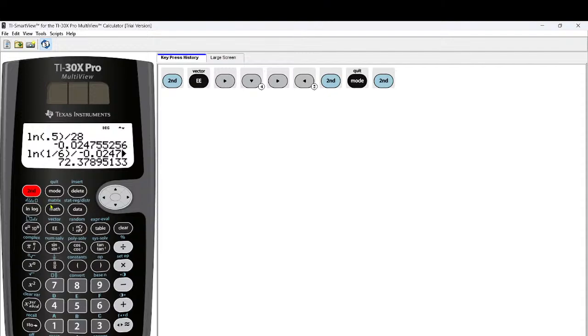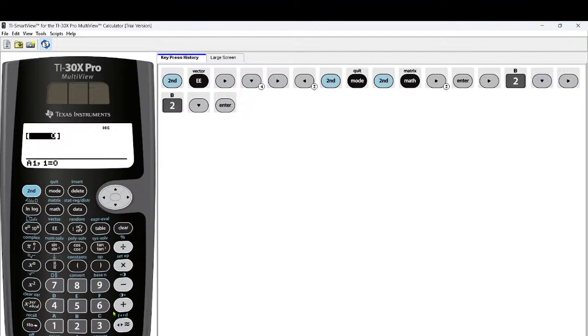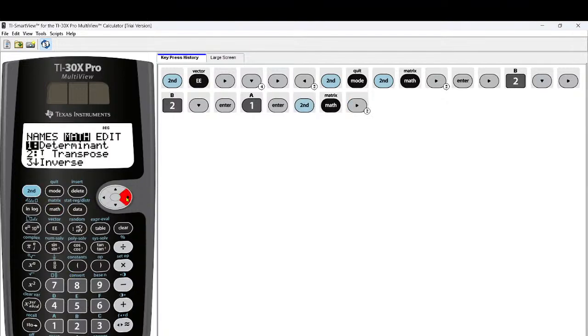All right, matrix. We need to edit matrix A. 2 columns, 2 rows. Why is it a 1 by 1?